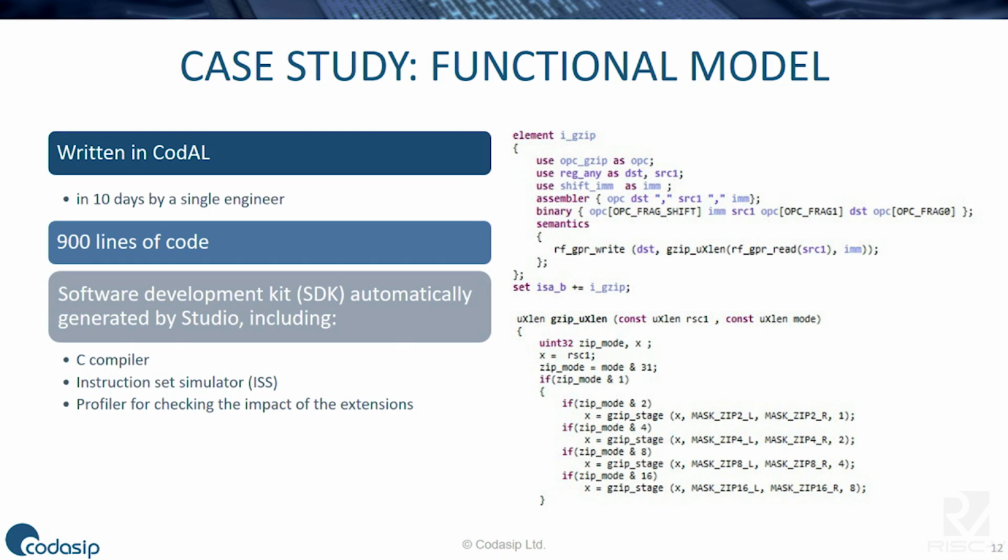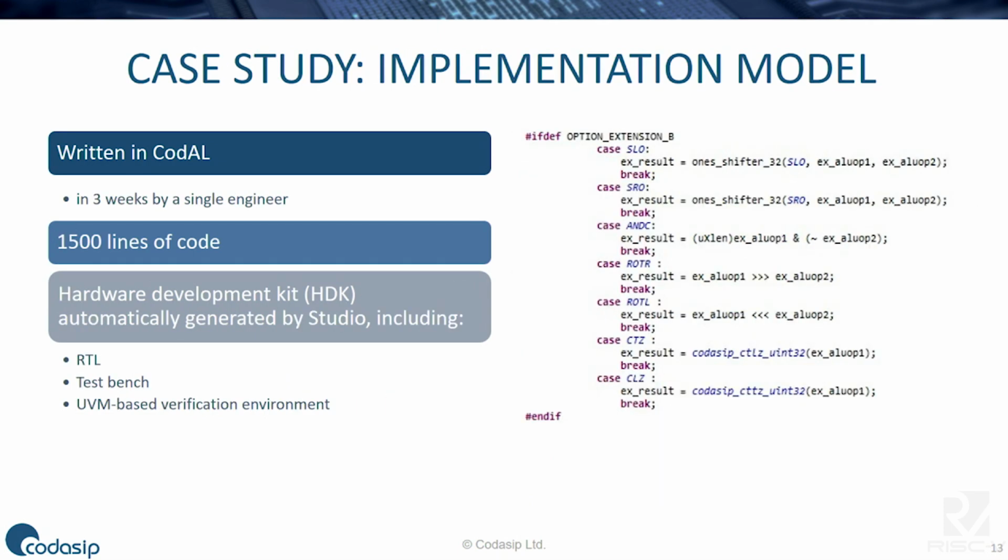Then we moved to the implementation, and it took another 3 weeks to finish everything, including verification. So in a month, I would say you have a complete solution for bit manipulation instructions thanks to the Studio.